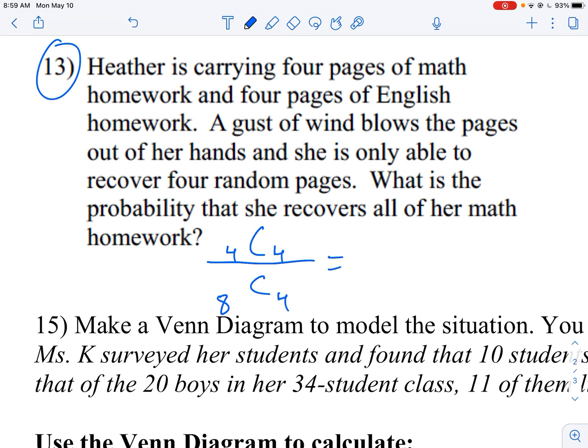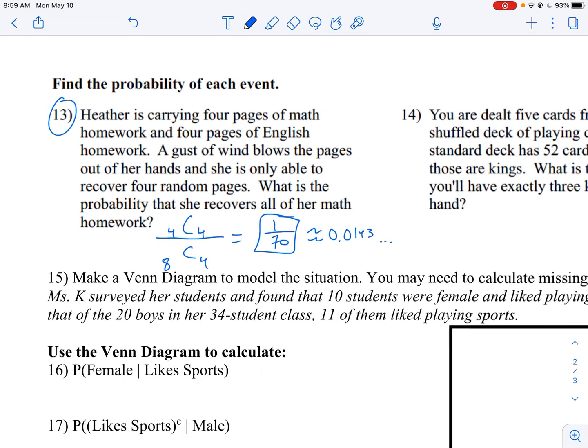So 4 combination 4 comes out to be just 1, and 8 combination 4 is 70. So it's a 1 in 70 chance, which is about 0.0143. So that's not a really high chance, about 1.5% chance of getting that.